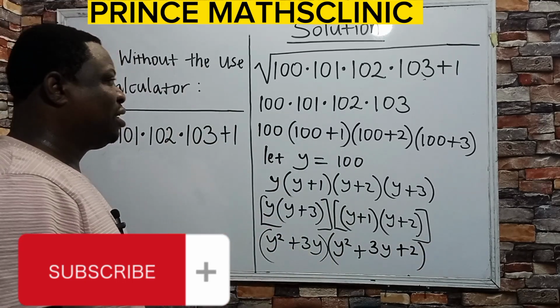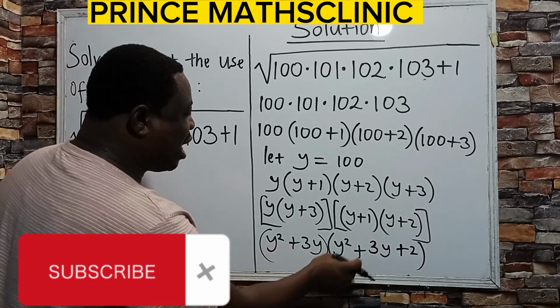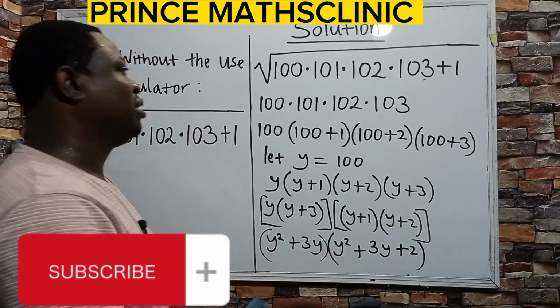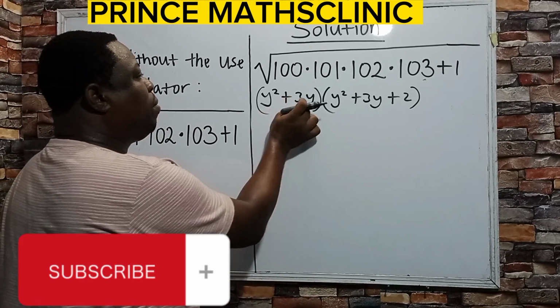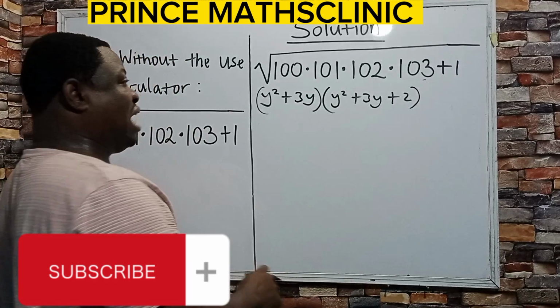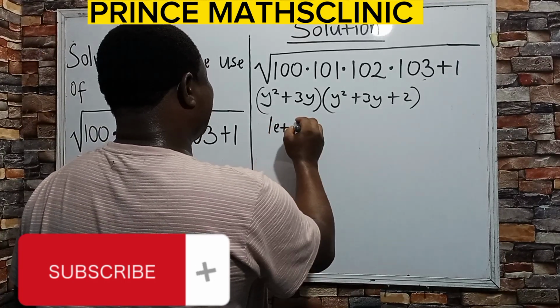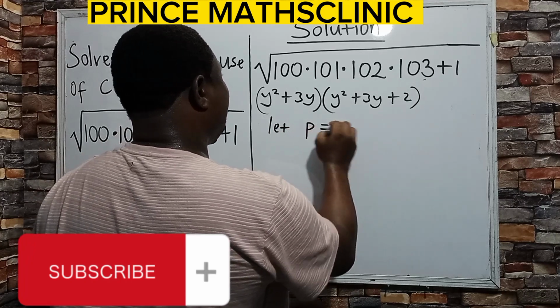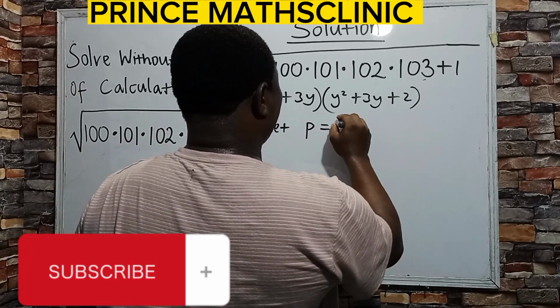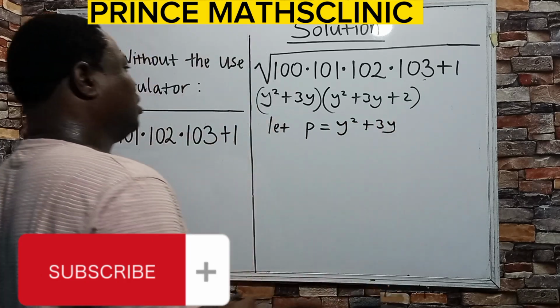Here again, notice what we have: y squared plus 3y, and here y squared plus 3y. So I want to substitute again since I found some things in common. I'm also going to say let p be equal to y squared plus 3y.